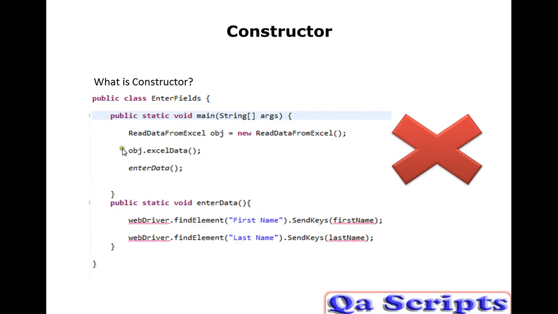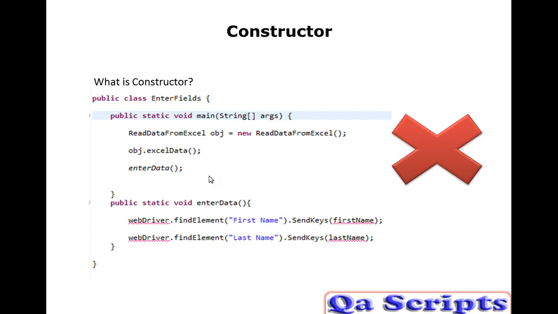It will of course call that method and read the data. But when the compiler comes to the enter data method, the values for first name and last name will be null, because first name and last name are defined in the read data from Excel class. So it will not be able to get the data out of that class. So you cannot do it in this way.